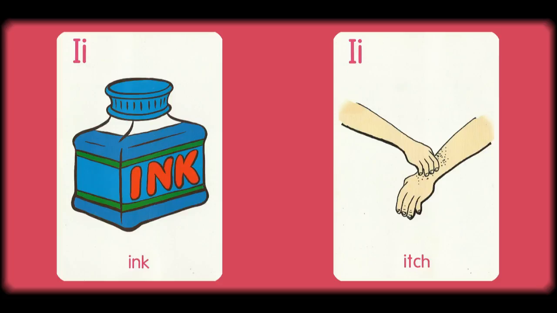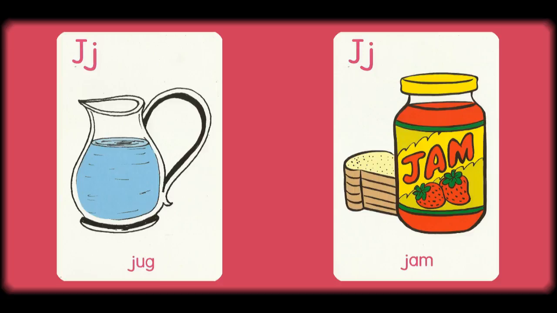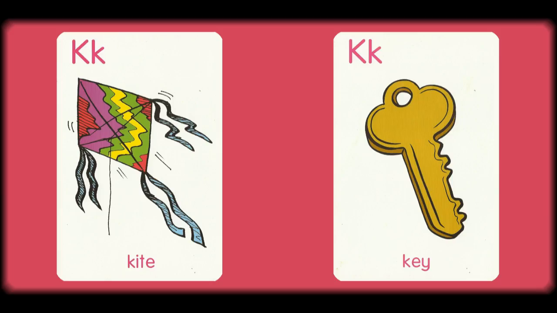I, i, as in ink and itch. I, i, ink. I, i, itch. J, j, as in jug and jam. J, j, jug. J, j, jam. K, k, as in kite and key. K, k, kite.